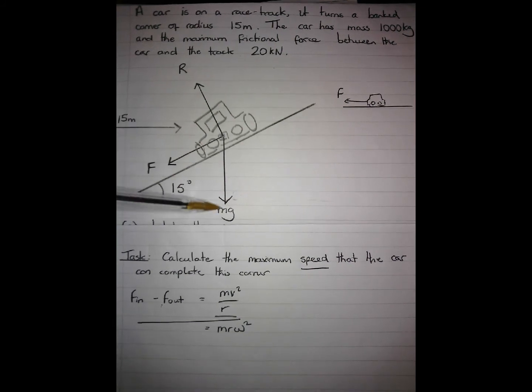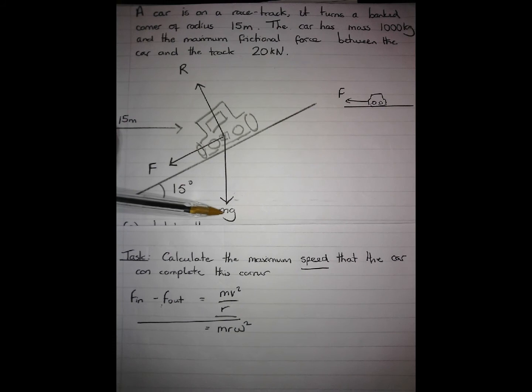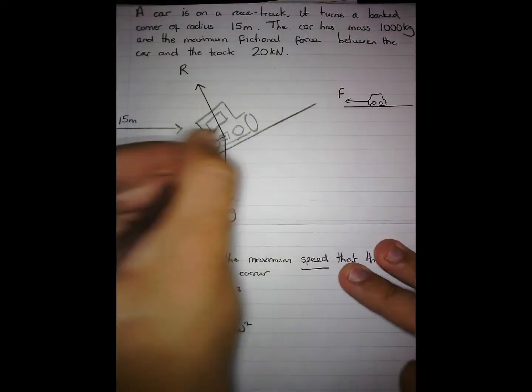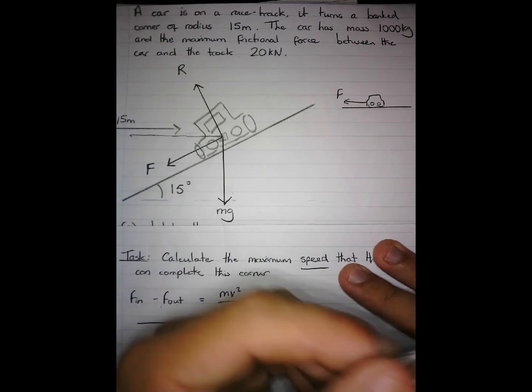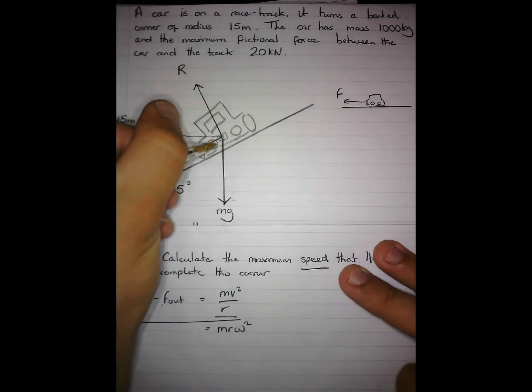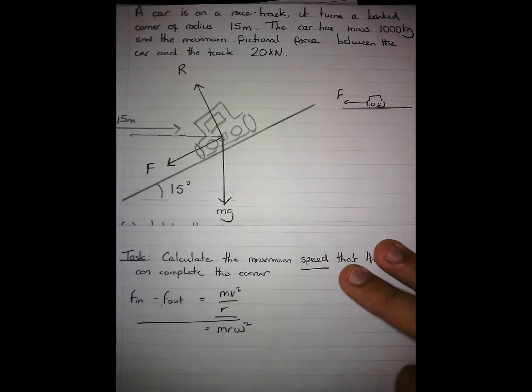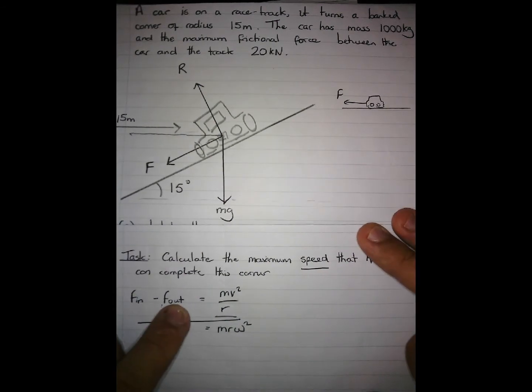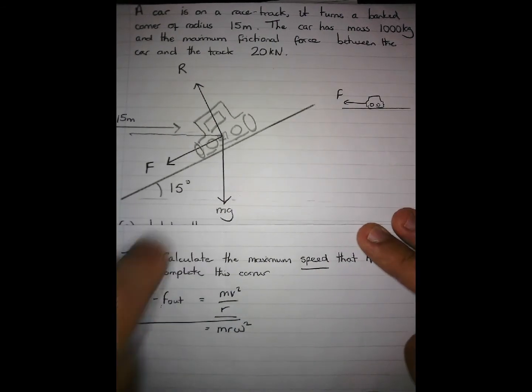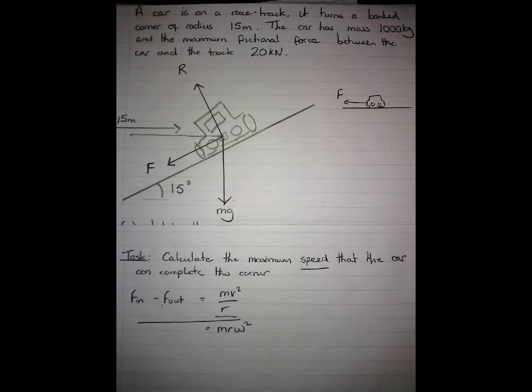Let's look at this weight to begin with, the mg. Now, the centre of the circle that this car's turning is along this line. The weight here is completely at 90 degrees to that. So that's neither acting in nor out. So we don't need to include the weight in this formula.